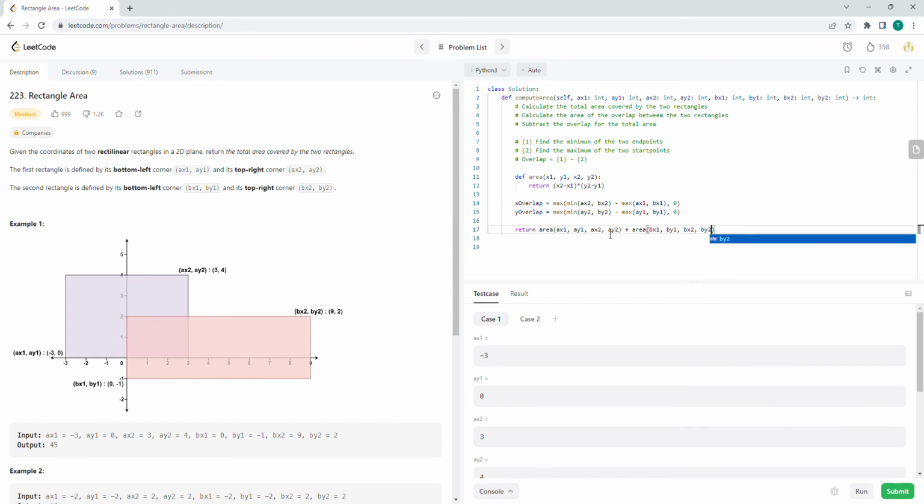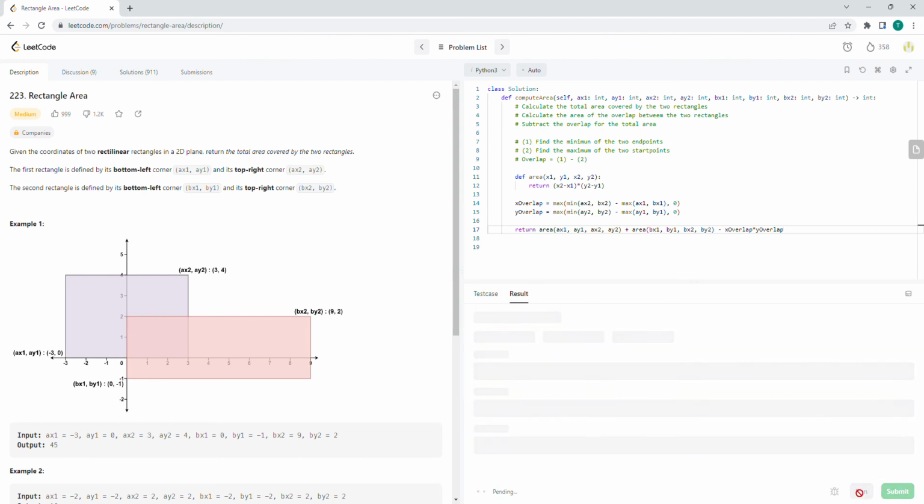Alright, and let me see. AY1, BY, okay, good. And we want to minus the overlap, minus the X overlap times Y overlap, which is the rectangle of the overlap.